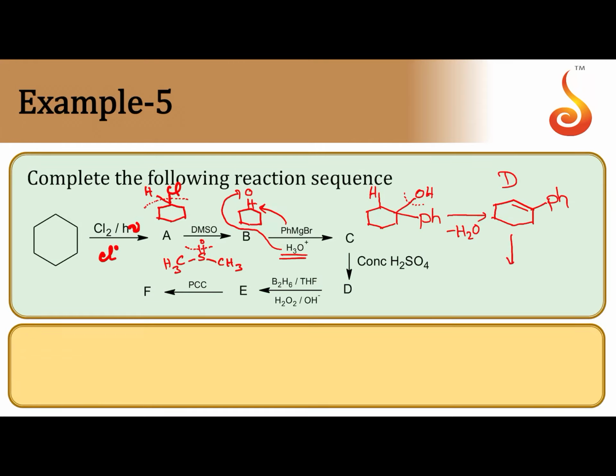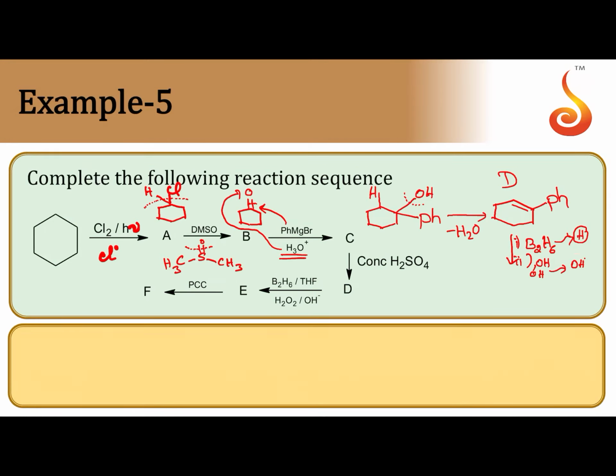After the formation of D, this is subjected to the HBO method, hydroboration oxidation. This is the first step, hydroboration. In the second step, oxidation by means of hydrogen peroxide. So addition of H and OH occurs opposite to Markovnikov's rule.